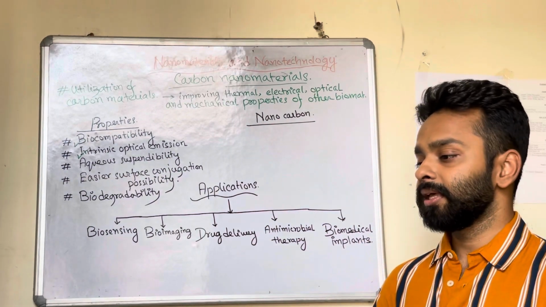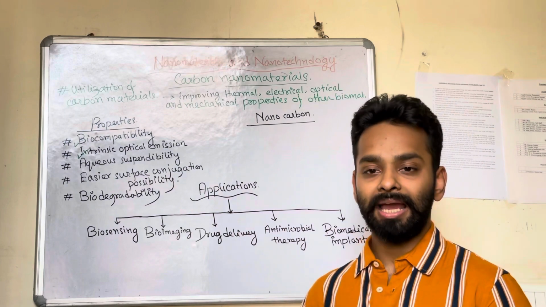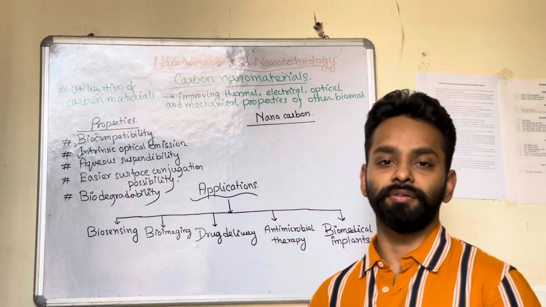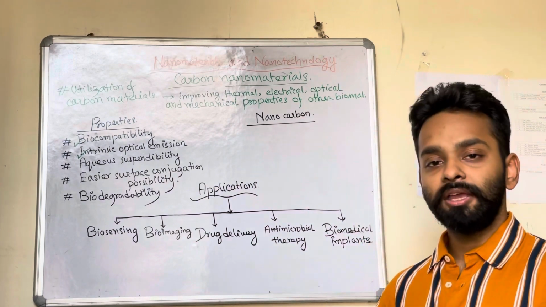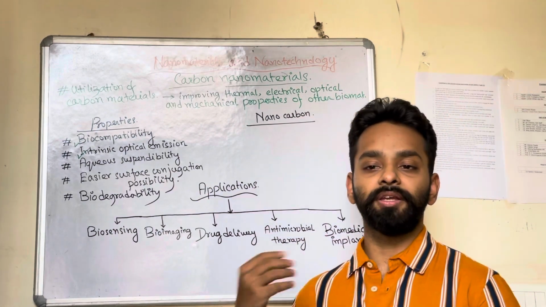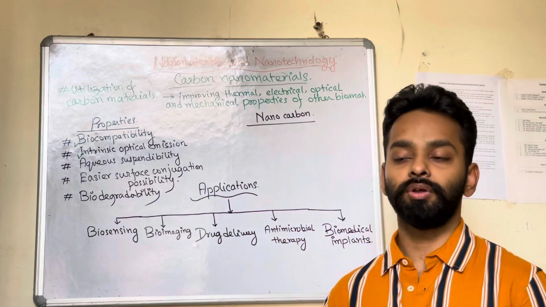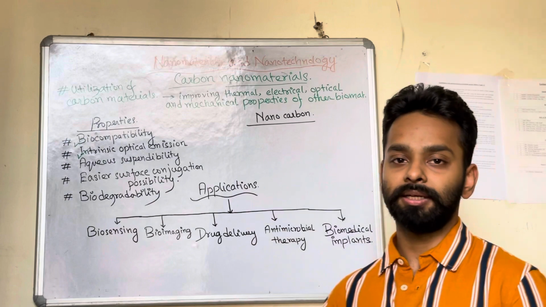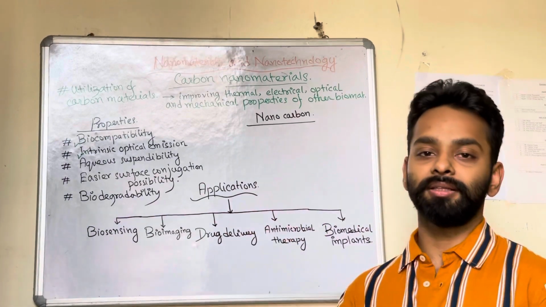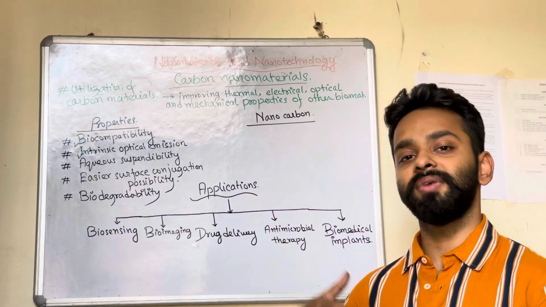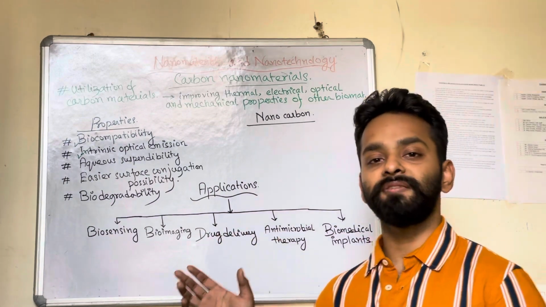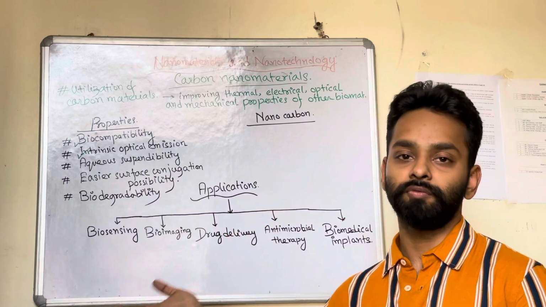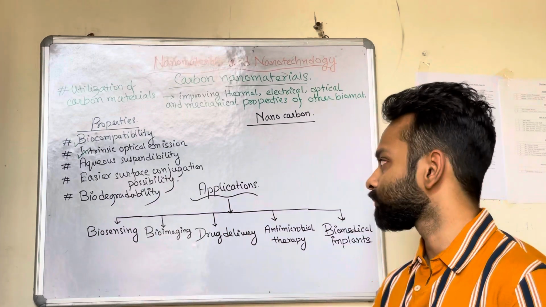That is, if they are excited with light at a particular wavelength, they will emit light at a longer wavelength. So if we use these carbon nanomaterials inside a cell or a tissue, we can excite them. They will absorb that light and emit light at a longer wavelength which can be recorded. So we can specifically locate the position of the nanomaterials inside the system where they are intended to be used.